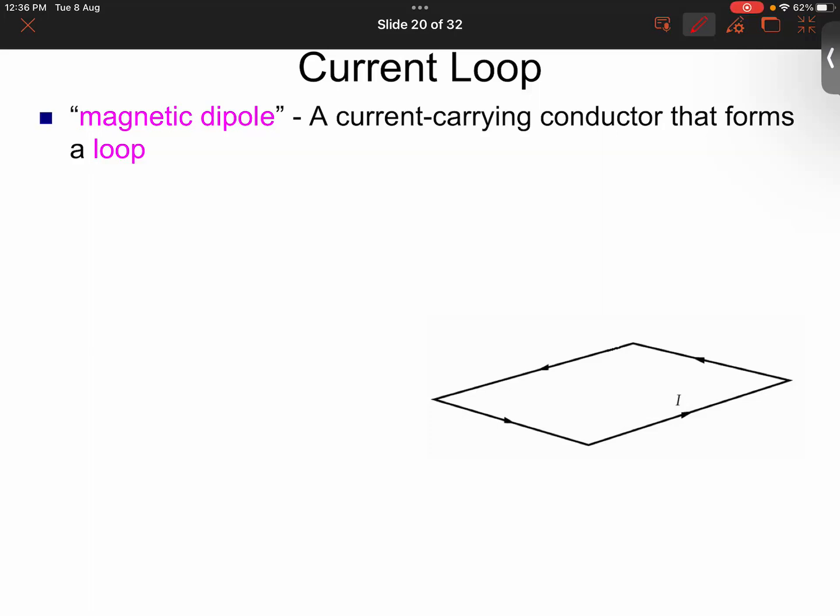So essentially, if you have a closed wire loop carrying a current, it will generate a magnetic field. We've learned that magnetic fields are generated by magnets. Magnets have a north and south pole, and that's why this current carrying loop is called a magnetic dipole, because it acts like a magnet with two poles, north and south, which generates a magnetic field around itself.